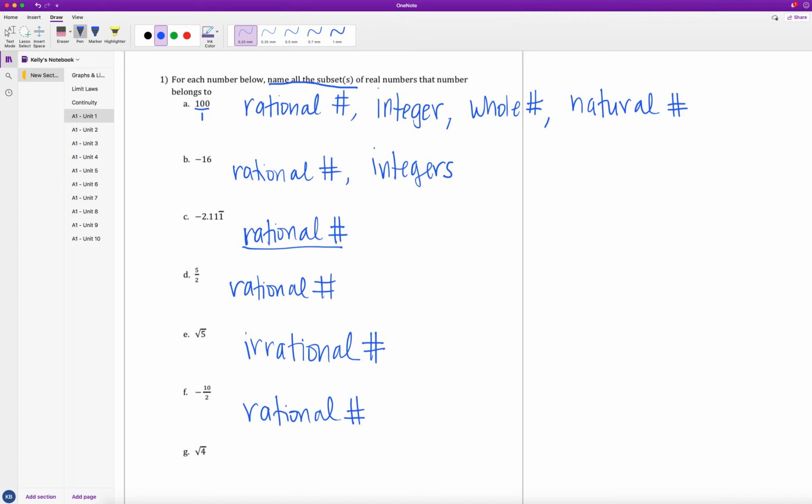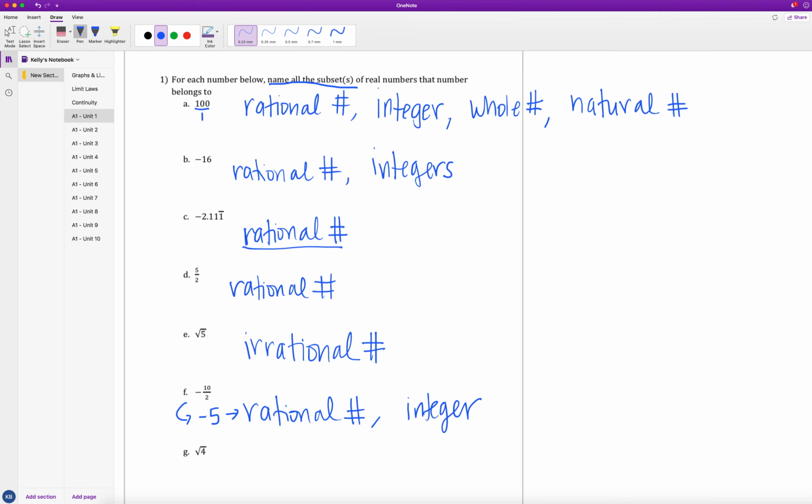The difference here is that negative 10 over 2 can be simplified. So negative 10 over 2 is the same thing as negative 5. I want to make sure I'm looking at the most simplified form here, because that's really going to tell me about this number as much as possible. So negative 5 is a rational number, and it's actually also an integer because it can be simplified down.